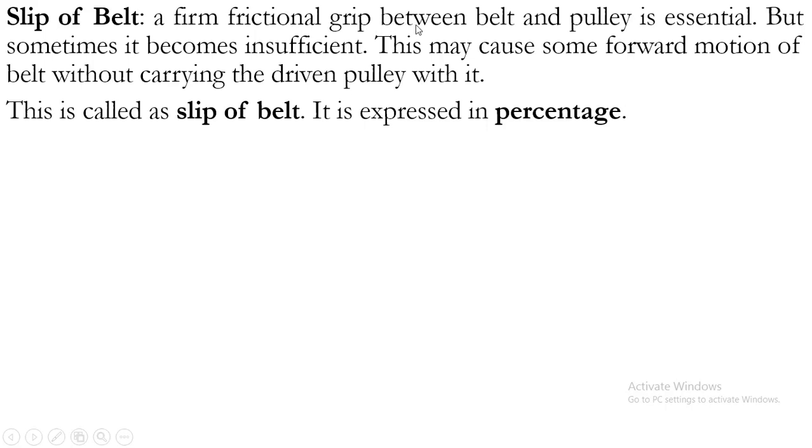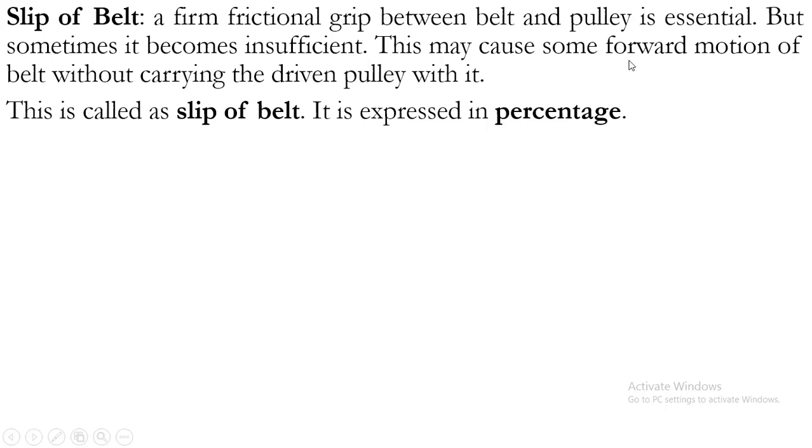A firm frictional grip between the belt and the pulley is essential, but sometimes it becomes insufficient. Maybe because of the belt material, the frictional grip may be insufficient, or due to continuous usage of the belt for a longer period, the belt may wear out, thereby reducing the frictional grip between the belt and the pulley. For many reasons, the frictional grip between the belt and the pulley surface may reduce or become insufficient.